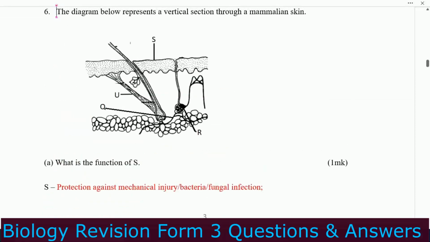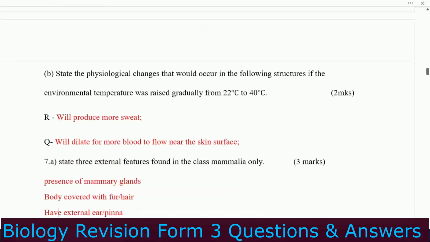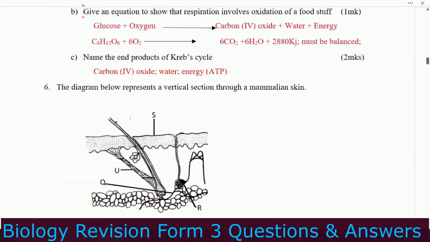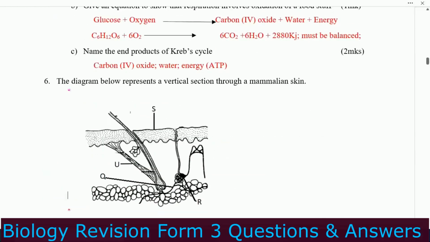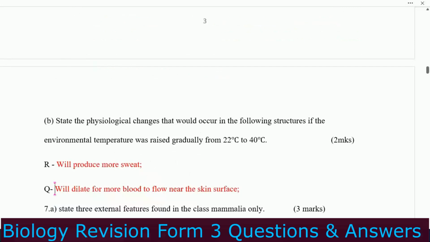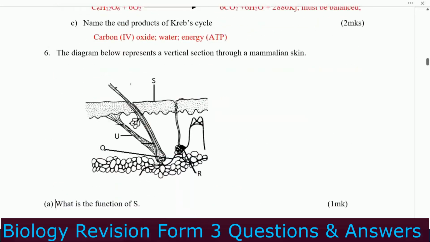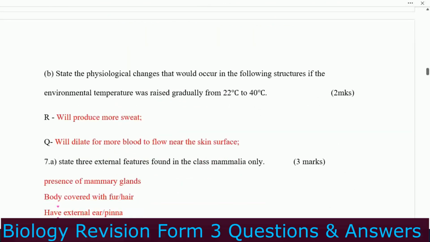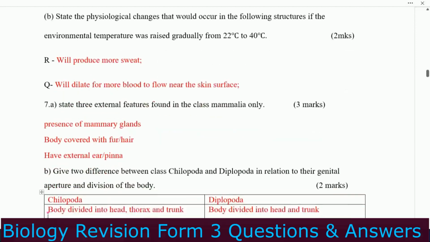Part R will produce more sweat. What about Q? Q is there. What will happen to that? It will dilate for more blood to flow near the skin surface.